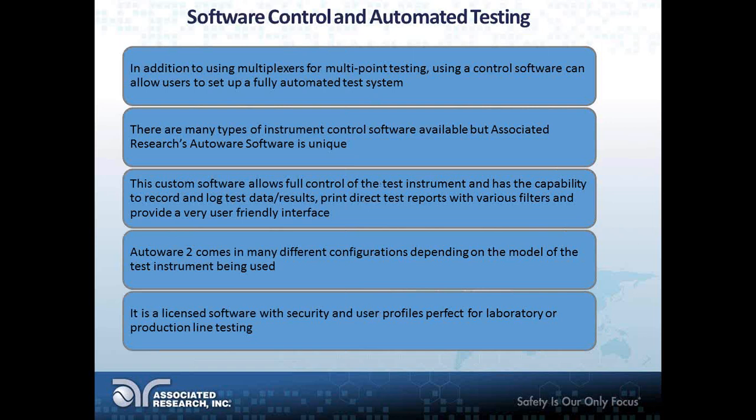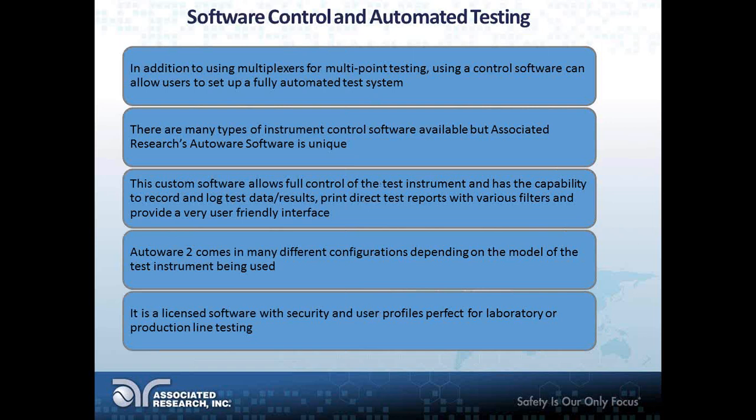And again, we will do a quick demo of the Autoware 2 software, which is one of the software that Associated Research developed for controlling some of its test analyzers, such as the Omnia 2 and the scanning matrices.